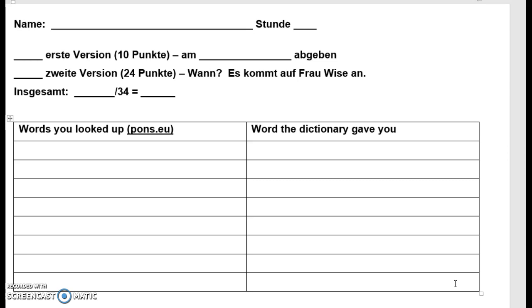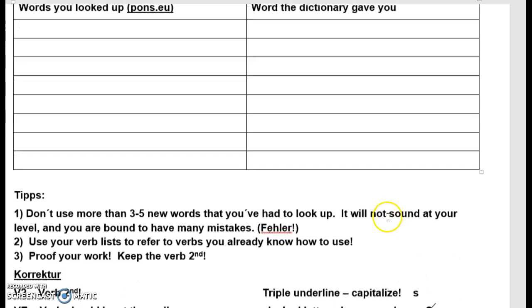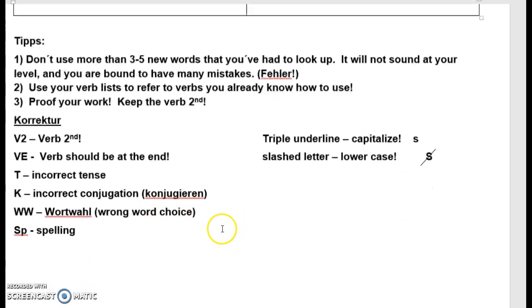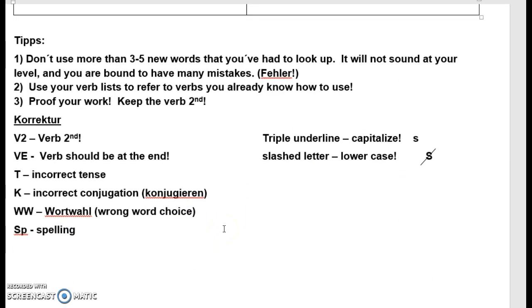And that will help me figure out, if something's not correct, what you were trying to say. So make a list of new words. That's always important. Some tips: try not to use more than about 3 to 5 new words in your composition, because it doesn't sound like you after a while, and then it gets to be a little bit too complicated, and you end up making a lot of mistakes.